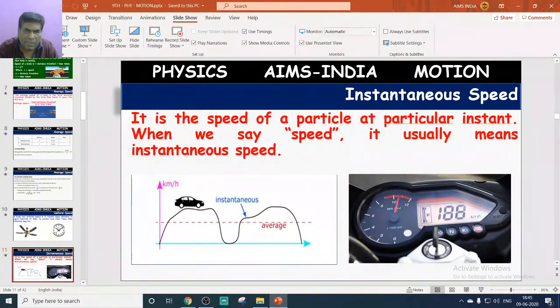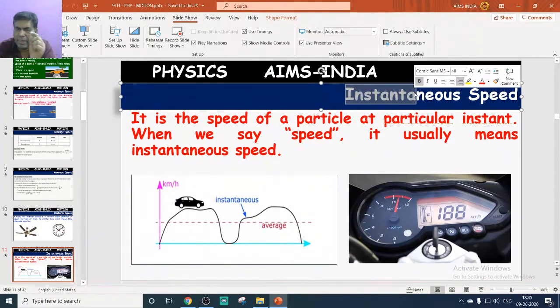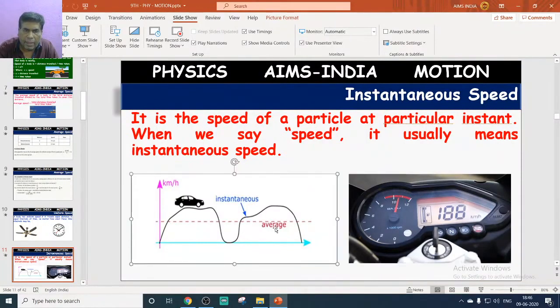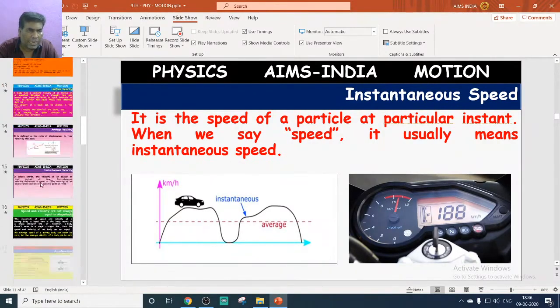Instantaneous speed means the speed at one particular instant, a very small interval of time. Instantaneous speed is shown by digital speedometers or normal speedometers. Average speed depends on the whole journey, but instantaneous speed never depends on the whole journey.